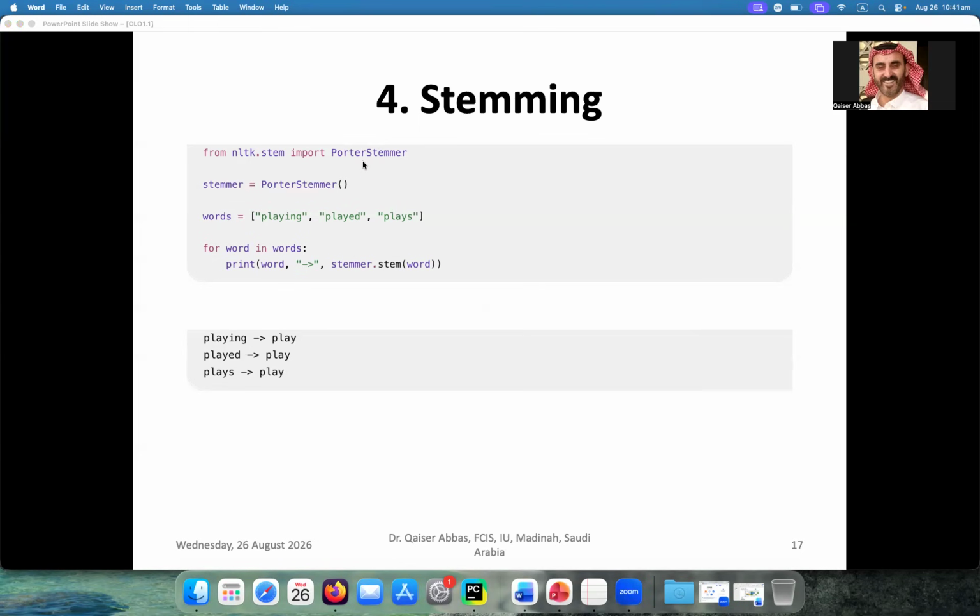So PorterStemmer, this is a function, or you can call it a constructor. If it is a class, when you are using the class name, you are calling the constructor, and an object will be created. But anyhow, this is not my task to give you that understanding. Even programming is not part of this NLP course, but I will give you these exercises.